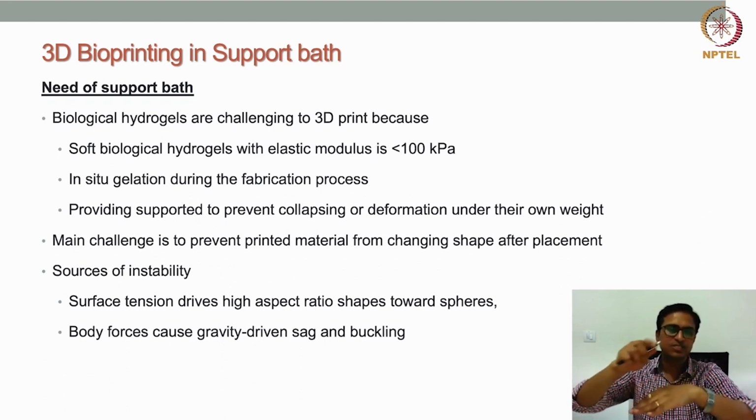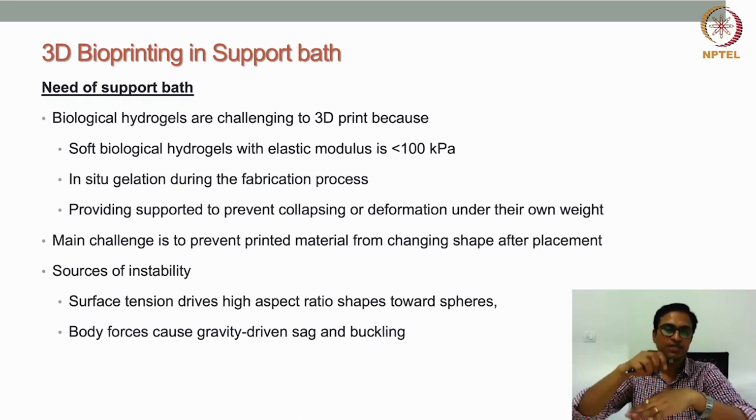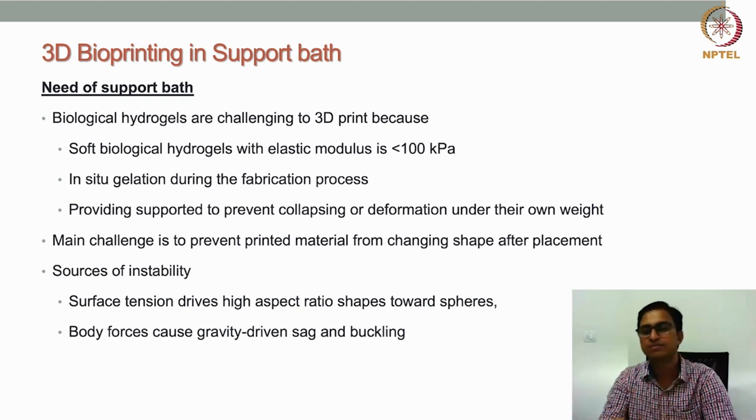If the hydrogel is very soft, then after the fabrication is done, it will collapse or deform due to its own body weight, right? So the main challenge is to prevent the material from changing shape after placement.